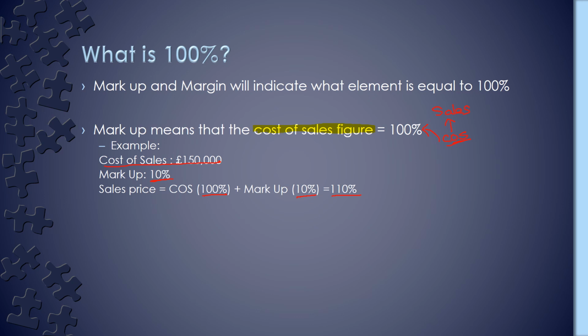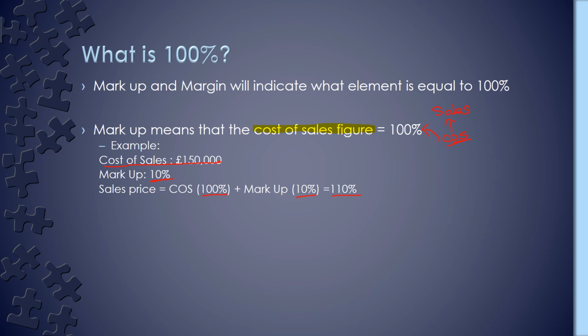We're going to work this through and then we're going to prove our workings. First of all, we need to work out what 110% of the cost of sales is. There's two ways you can do this. I prefer to work in decimals, which is the way that I'm going to show you on screen. But you can, if you want to, work out what 10% is of the cost of sales and add that on, and that will give you your sales price.